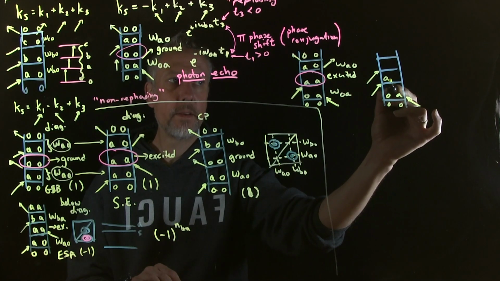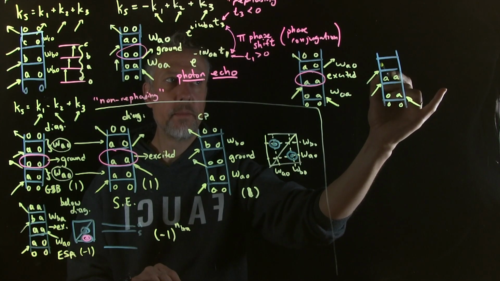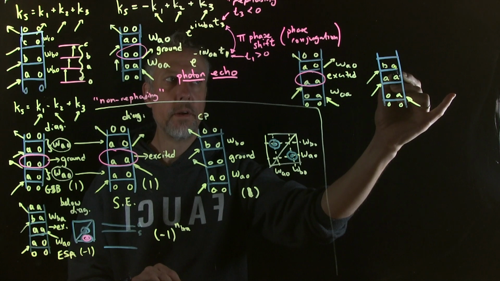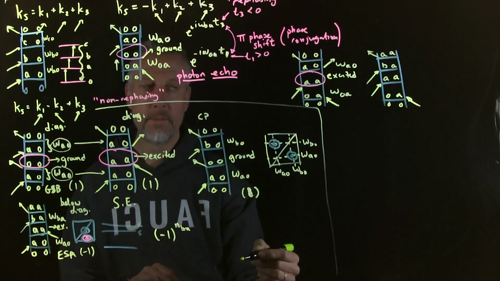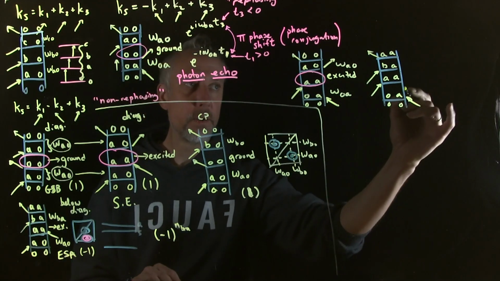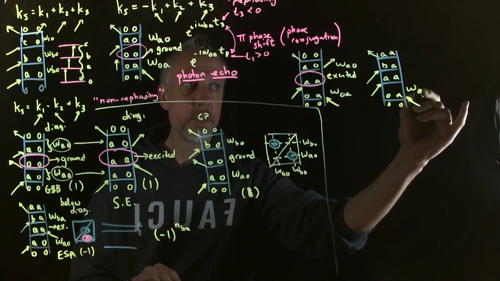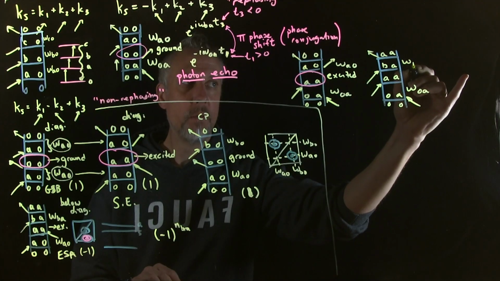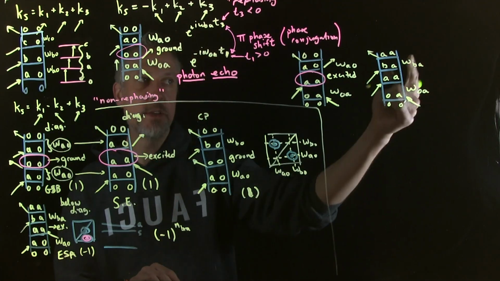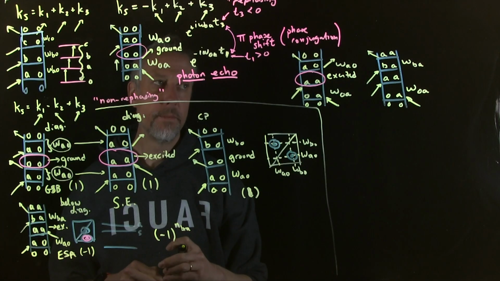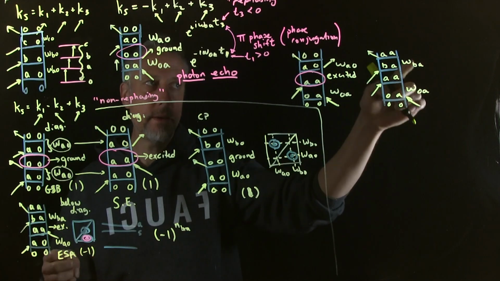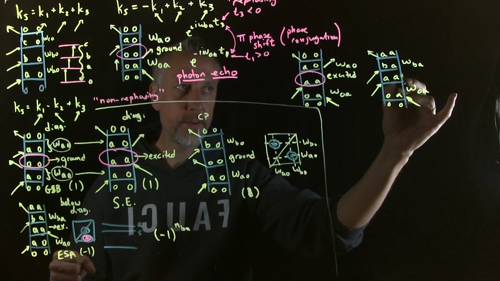And then we make an excited state population, and then we make an excited state absorption, and then the signal comes back to the A state and stays on the population there. All right, frequency omega 0A and omega BA. Now, generally, these will not overlap in the same spectral range, and so they will be separate peaks. This is in the excited state.